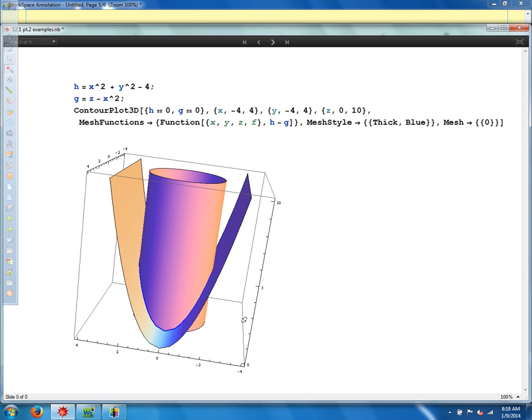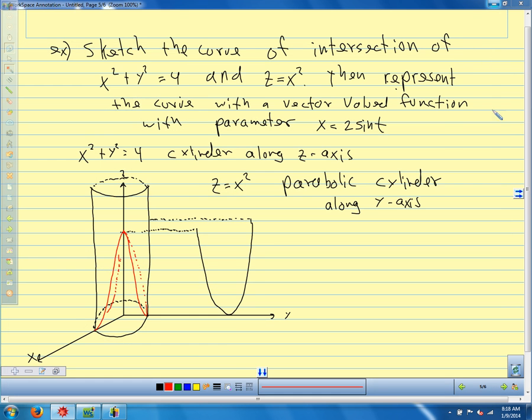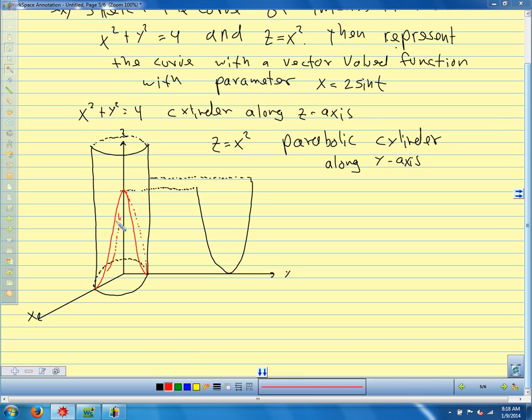So there's kind of what we drew, a much nicer looking thing than what we drew. And then this curve itself, we'll write the curve, and then we'll write the parametric equation for the curve. I made another graph that shows just the curve without the surfaces there. All right, so there's a rough picture. The Mathematica picture is much nicer than my sketch, but the sketch turned out pretty close.